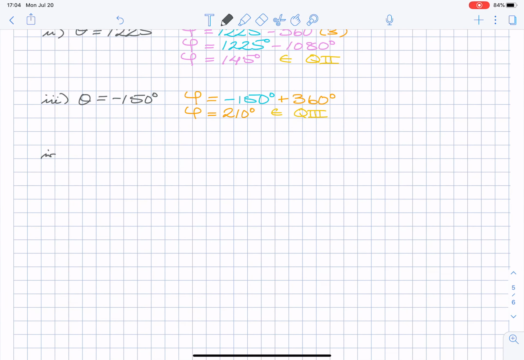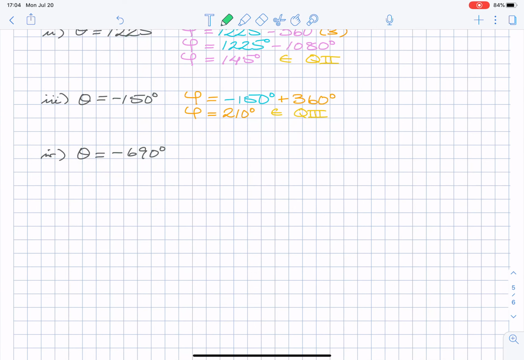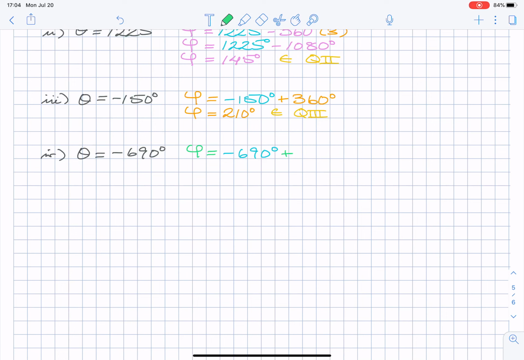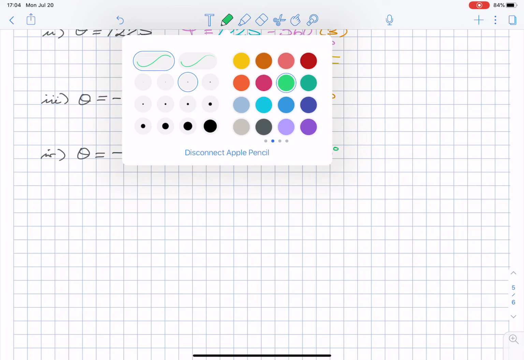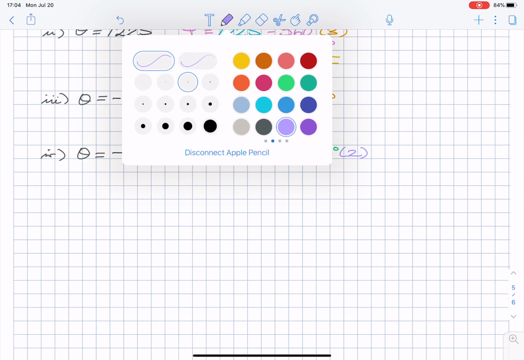And last but not least, let's have theta be negative 690 degrees. Okay, so in this case, phi will start from negative 690. So I'm going to have to add 360. How many 360s? Well, if I just add 1, that's not enough. But if I add 2, 360s is 720, so that should do it.